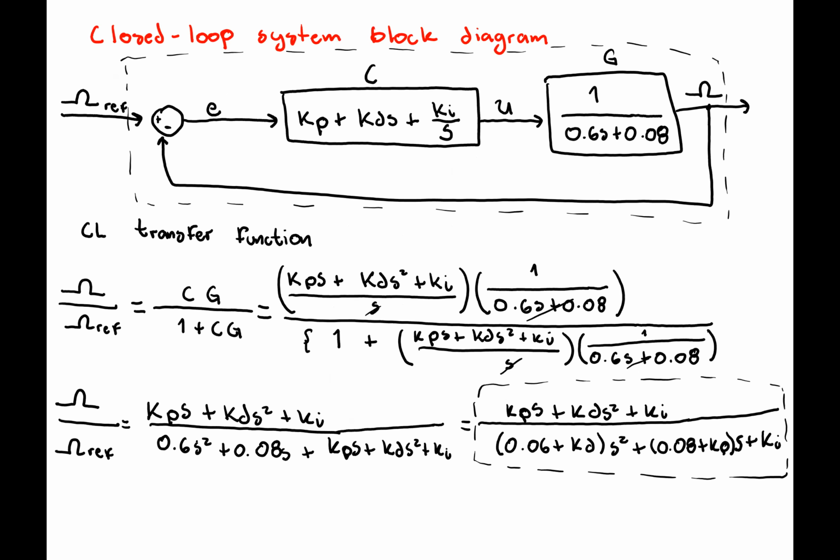Okay, so let's do this. Let's write down the second order system response. We were asked to have our system critically damped.